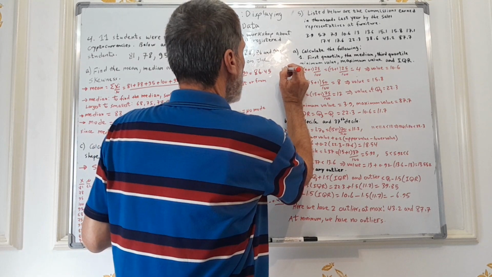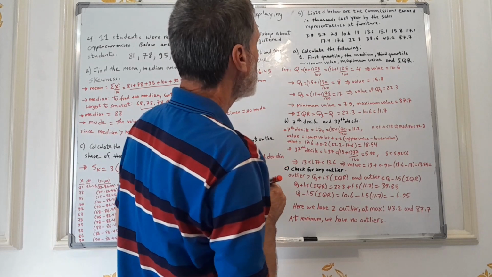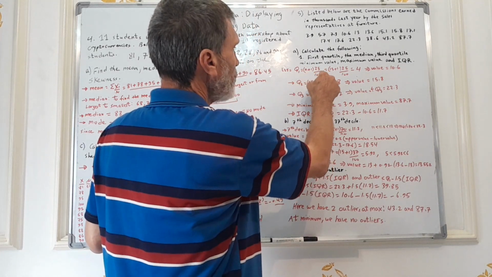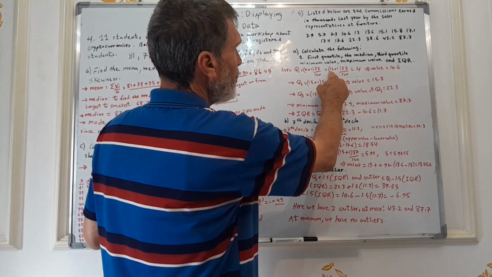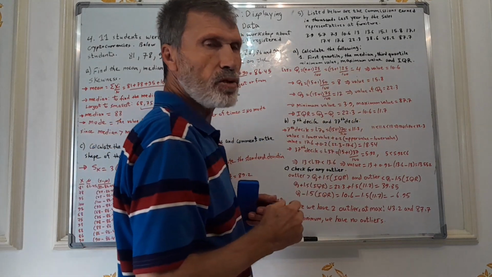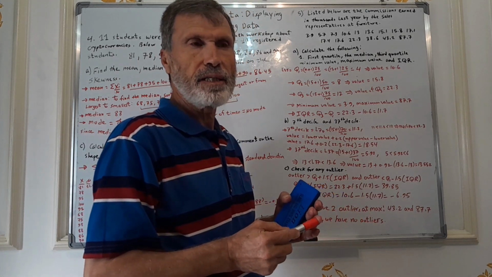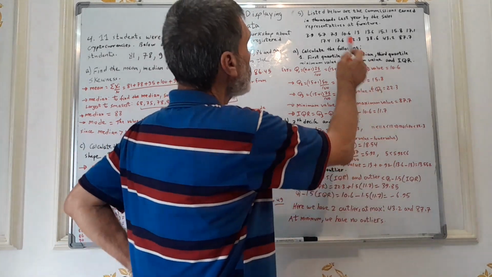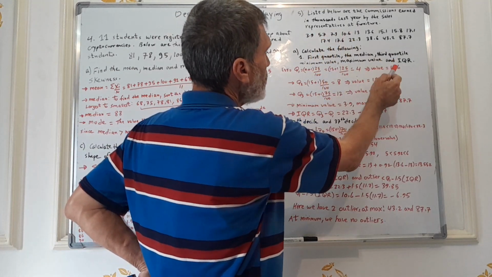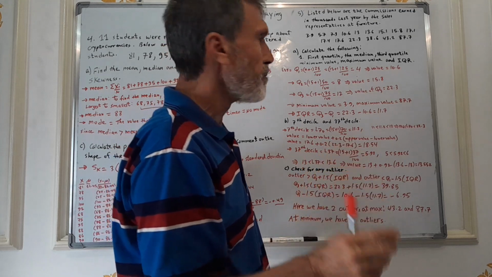So L25 is the same as Q1, which is (n plus 1) times 25 over 100. Then we have (15 plus 1) times 25 over 100. We come up with 4. So the value of the first quartile is going to be 1, 2, 3, 4: it's 10.6. So we have no decimal value here.